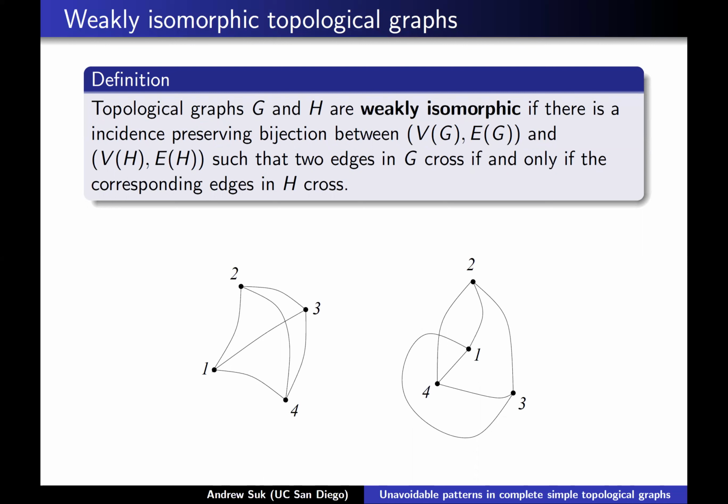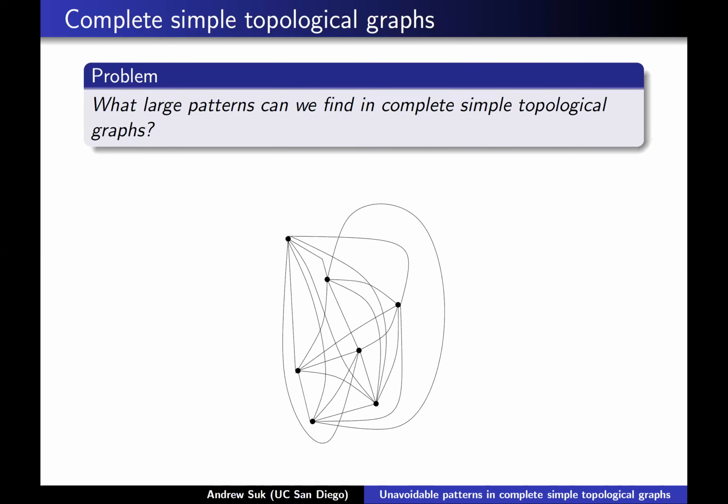So they're not exactly the same drawing of a graph, but their crossing patterns are exactly the same. Now with this notion of weak isomorphism, in sufficiently large, complete, simple topological graphs, what can you find inside of here?